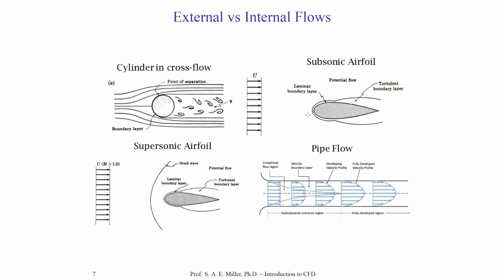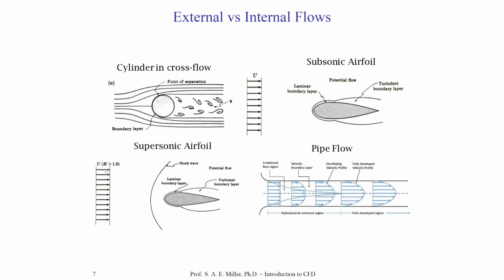Another external flow is shown in the upper right corner and lower left corner for the same airfoil, only at two different speeds. The upper right one shows different flow regimes of laminar flow and turbulent flow and a potential flow in the subsonic regime. In the lower left corner, we see the same type of flow, but with a Mach number of greater than 1. Therefore, the velocity is higher if we hold the speed of sound constant.